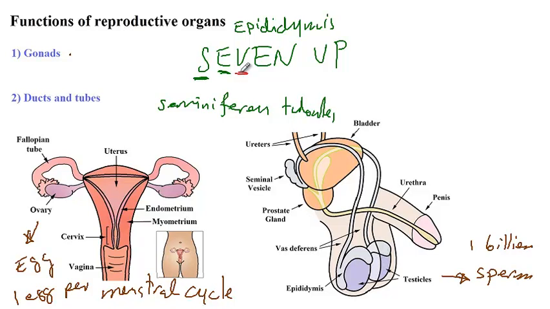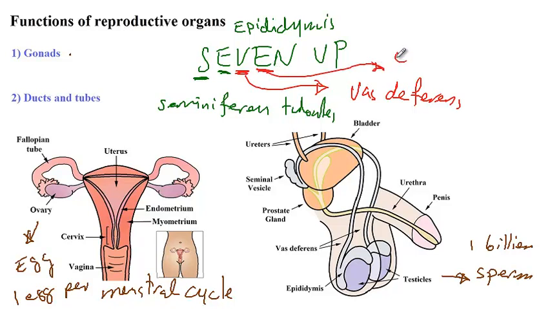Then we have V standing for vas deferens, E stands for ejaculatory duct, N is nothing, so you don't need to place anything for here. N is nothing, we just put it here for ease of the memory aid. Then we have up, so U stands for urethra and P stands for penis.